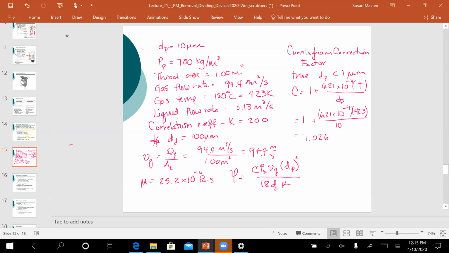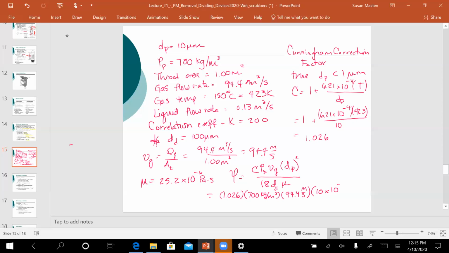So if we substitute, this is equal to 1.026 times 700 kilograms per cubic meter times 94.4 meters per second times the diameter of the particle.